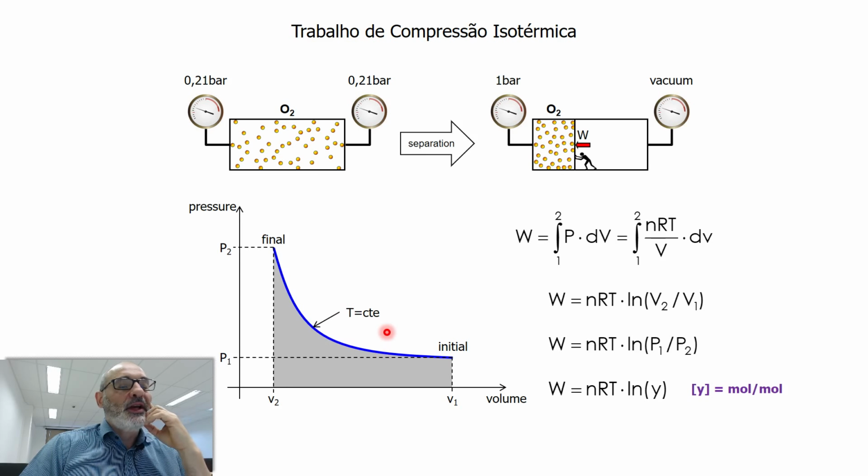this process is occurring at constant temperature, so it's easy to calculate this. The work is always PdV, force times displacement. And since it is a perfect gas, I can use the perfect gas law and write pressure in terms of its temperature, nRT divided by V. And after all integrations, I get W equals nRT times ln of V2 divided by V1.